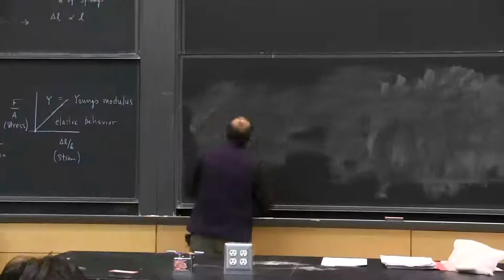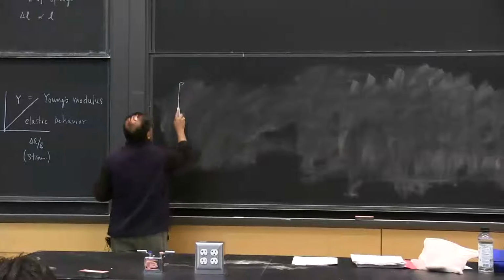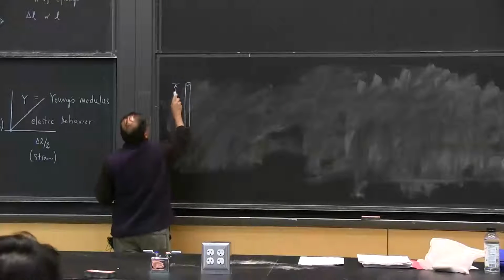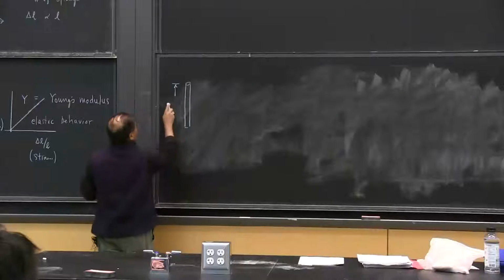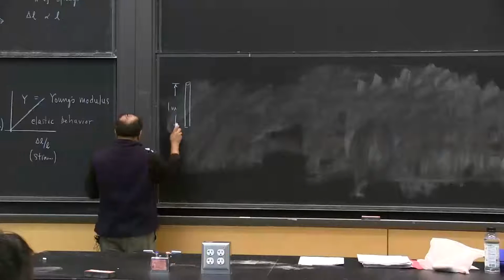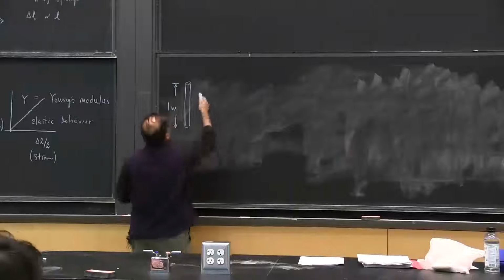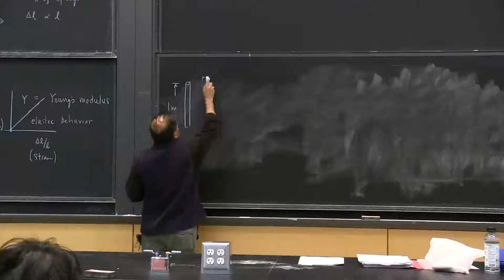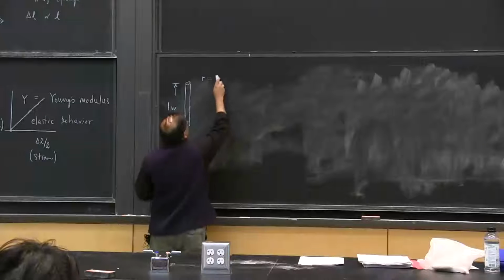For example, if I take a wire, let's say I take a wire that's 1 meter long. So this is 1 meter long, and suppose my cross-sectional area, I'm not given the cross-sectional area, I'm just given the radius, and this is 0.5 centimeters.